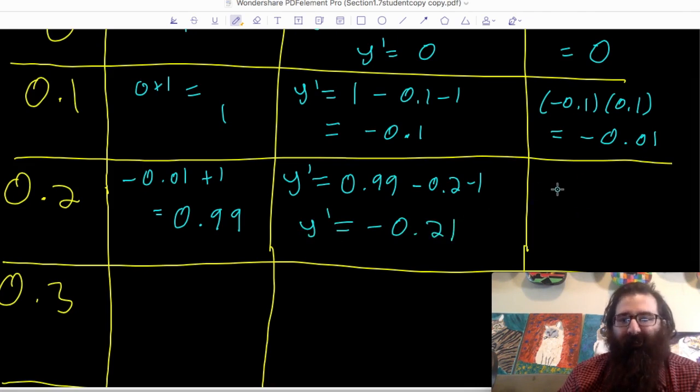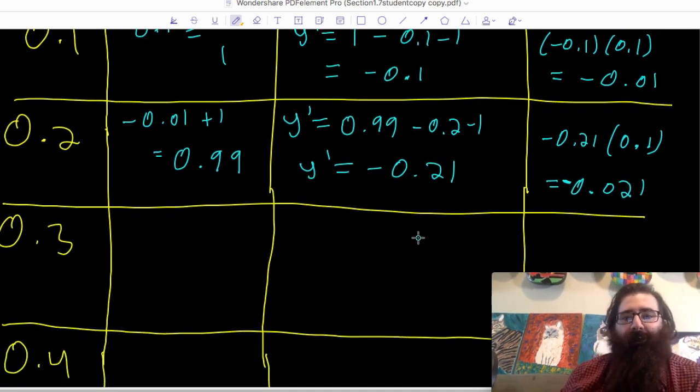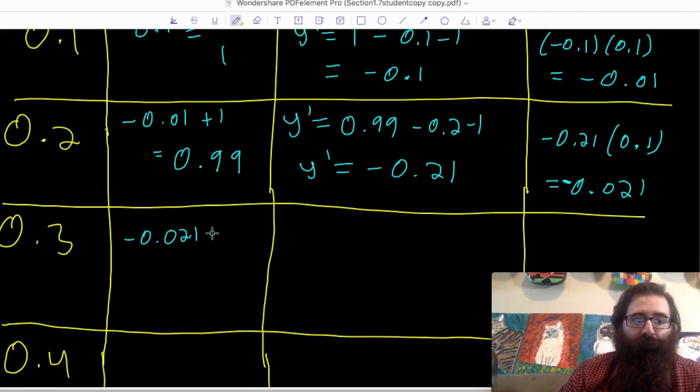Then I bring this into the next cell, negative 0.21, multiply by h, which is 0.1. This gives me negative 0.021. I want to take that value and add it to the 0.99 to get the next y value. So negative 0.021 plus 0.99 gives me 0.969.